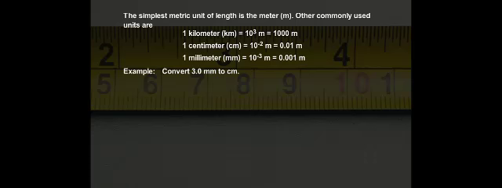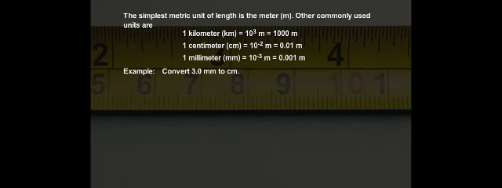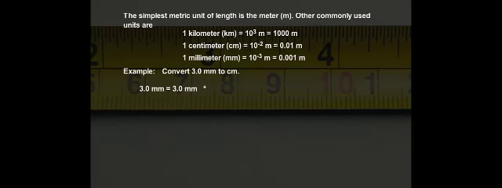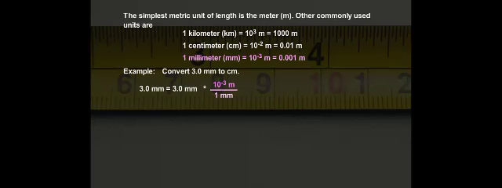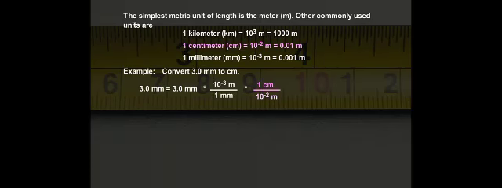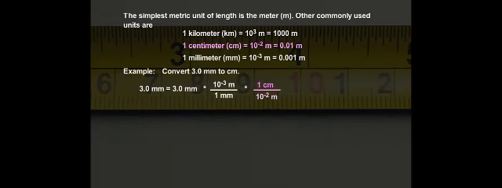Example: convert 3.0 millimeters to centimeters. 3.0 millimeters equals 3.0 millimeters times 10 to the negative 3 meters divided by 1 millimeter times 1 centimeter divided by 10 to the negative 2 meters.